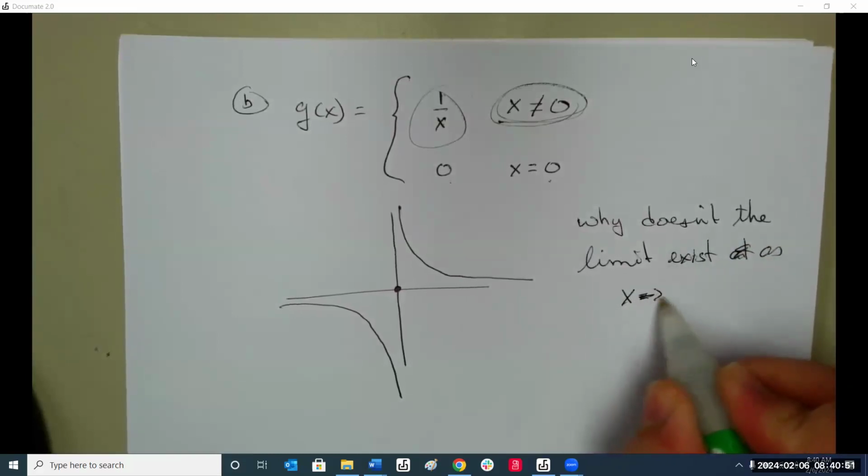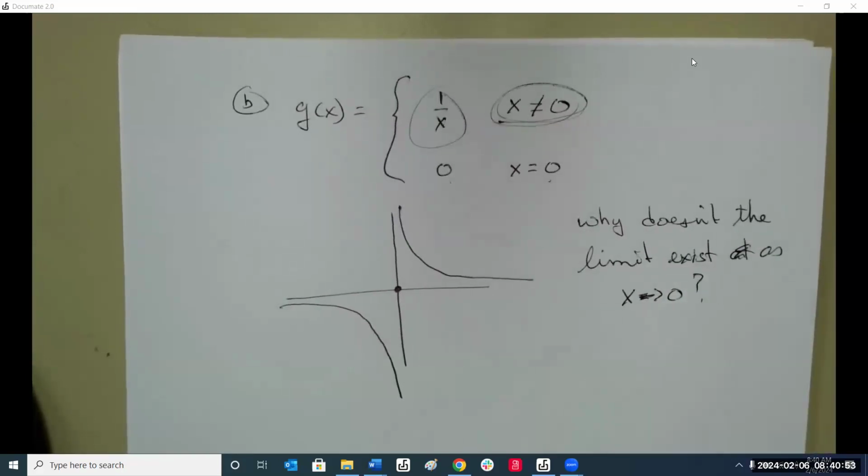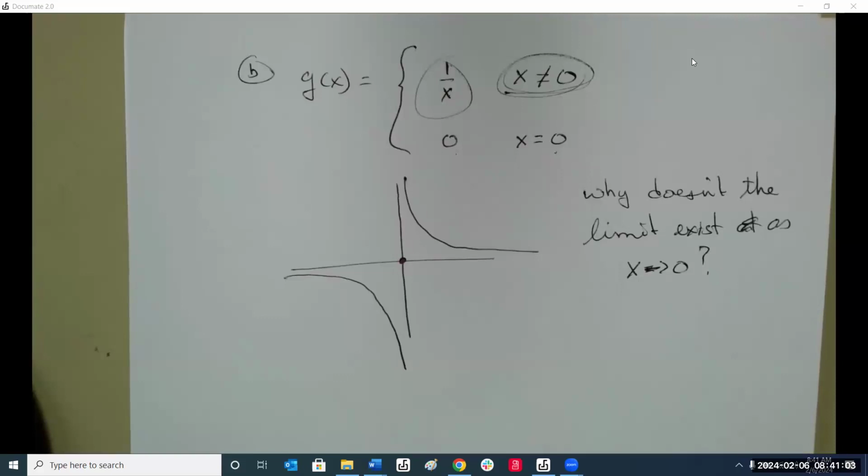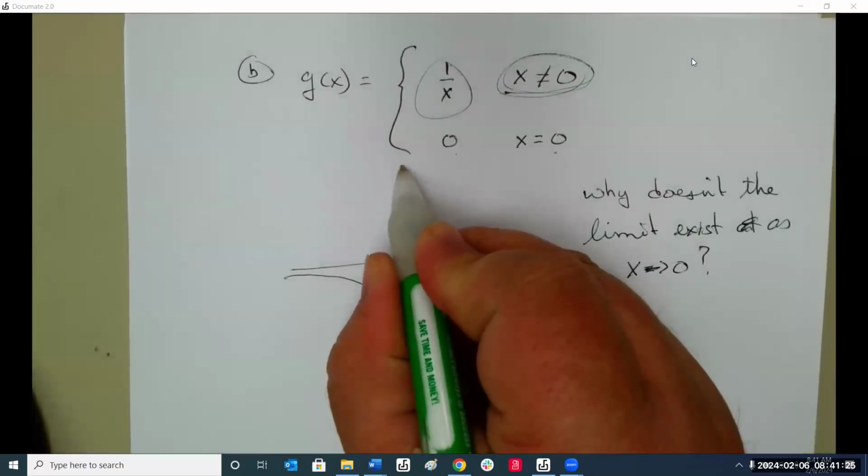As x approaches 0. So what would you say your answer would be? Why does the limit not exist as x approaches 0? If we're coming from the positive side, where is it going? It's going to positive infinity.